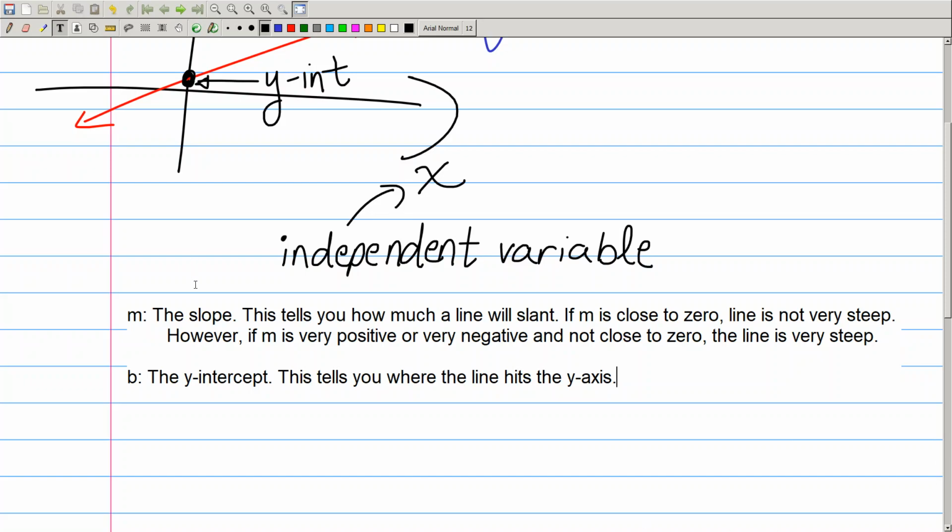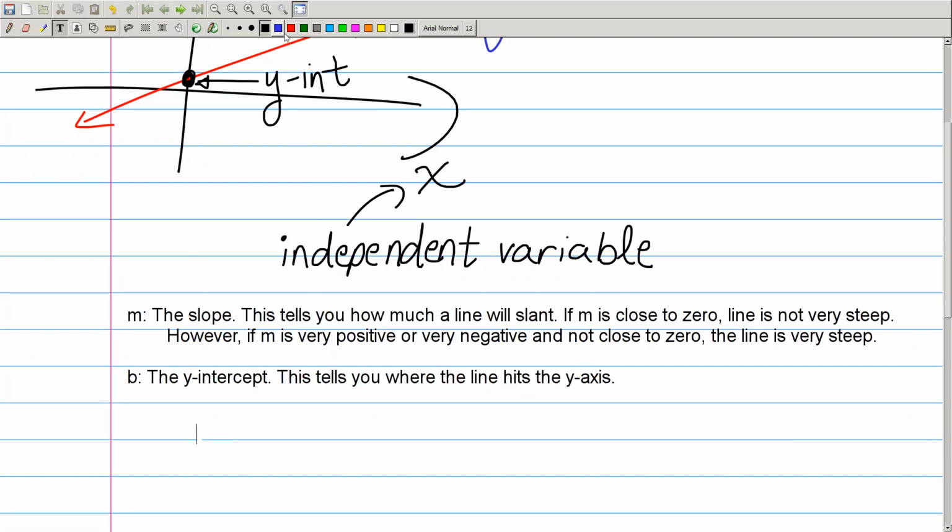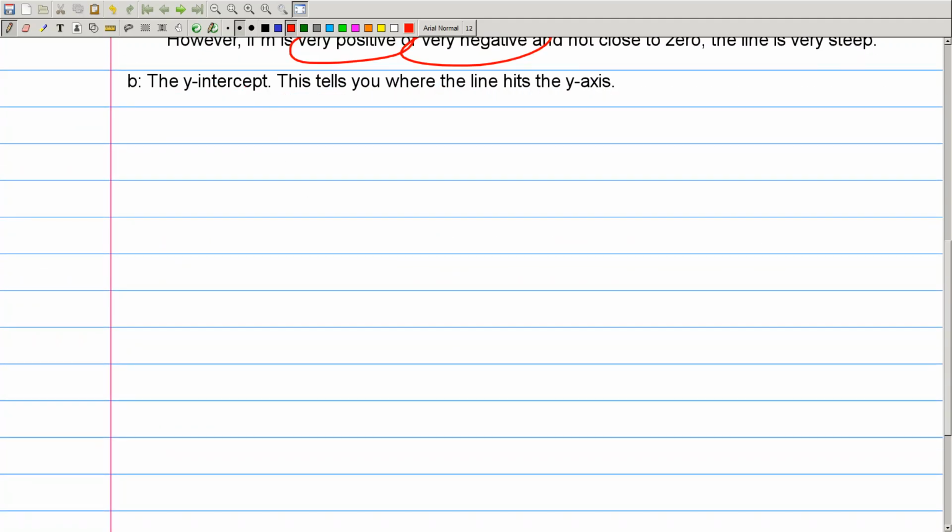Now, one thing I want to draw your attention to is what does it mean when you have a very positive or a very negative slope? So there are two cases. Let's say I have a very positive slope.